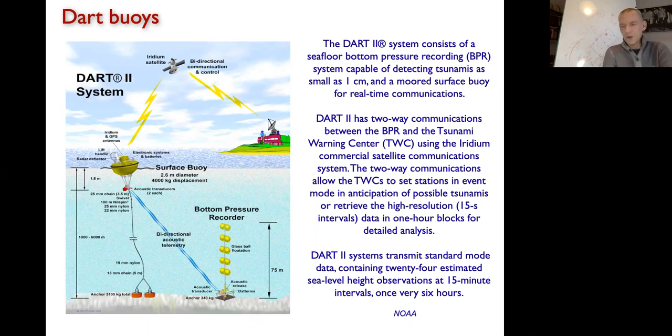They are not so common. They were not so common. They were deployed in the Pacific, but now they are in the Indian Ocean, pardon. There are some now. There are many in the Mediterranean. So the tsunami warning systems now, they are using it.